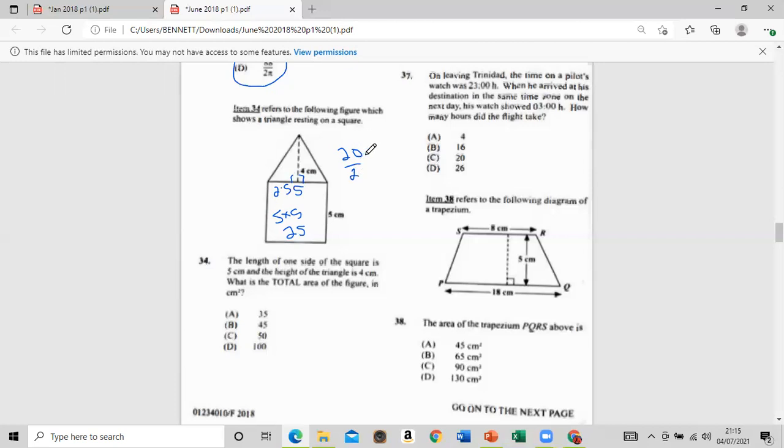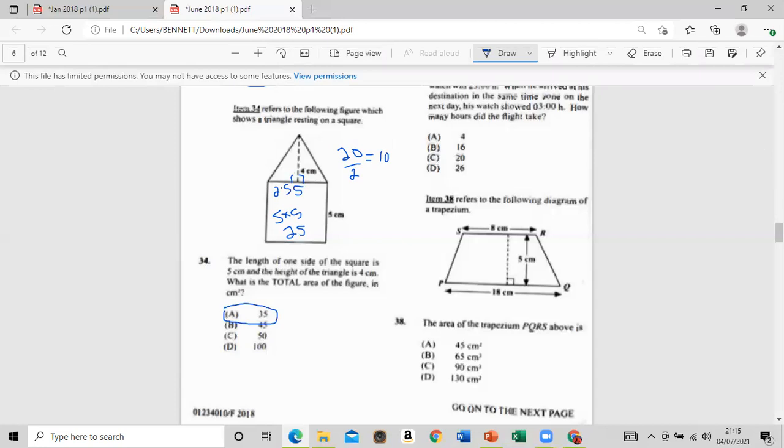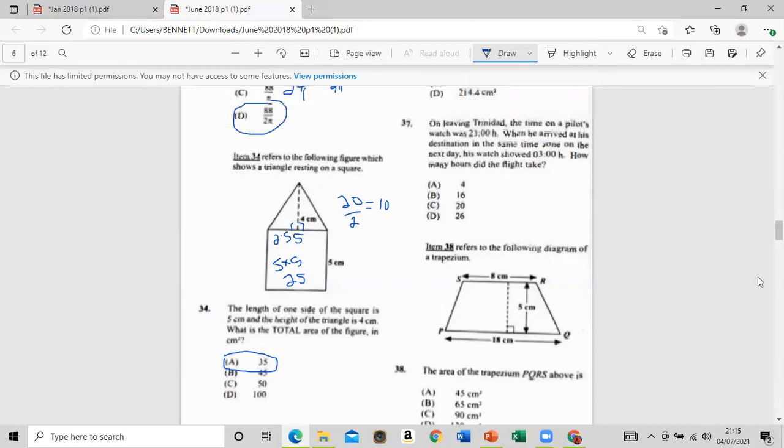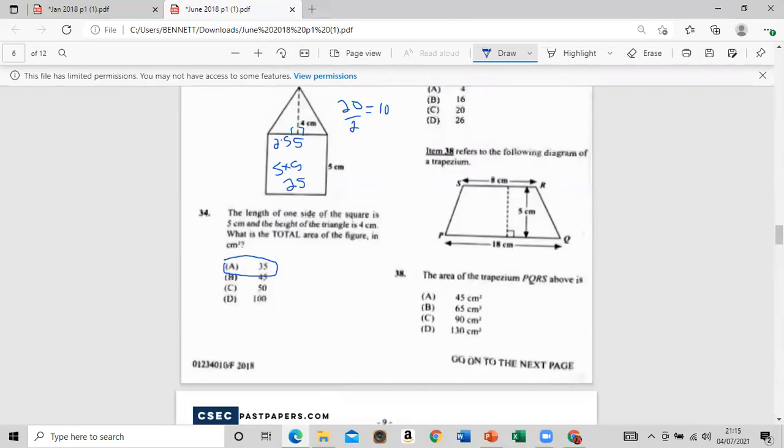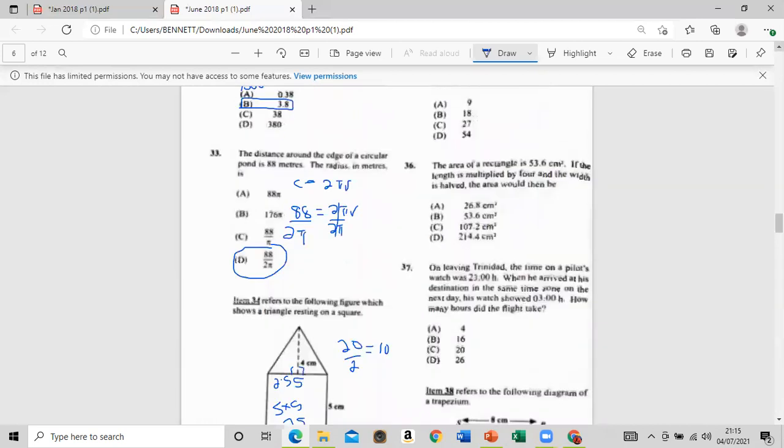You have to half it, guys. So the triangle gives 10, and the square gives 25, so it's 35. It's not tricky. So it's 35 now.